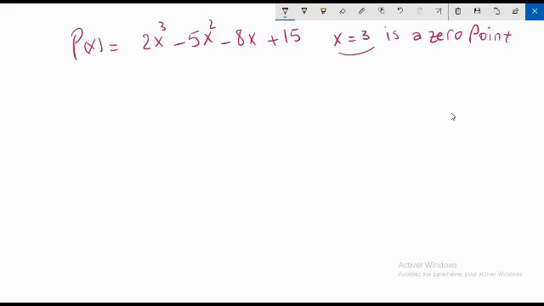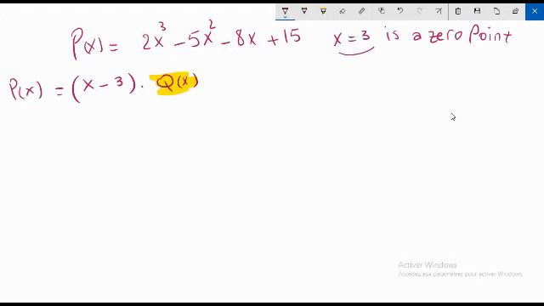It means, as the factor theorem says, that x minus k is a factor of P(x) if k is a root of this polynomial function. So x minus k is x minus 3 actually, because k is equal to 3 in our case, times Q(x). It's a way to factor the polynomial function. Now, the question that comes to my head: how do we find Q(x)?